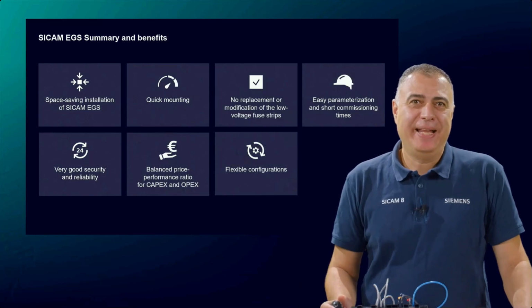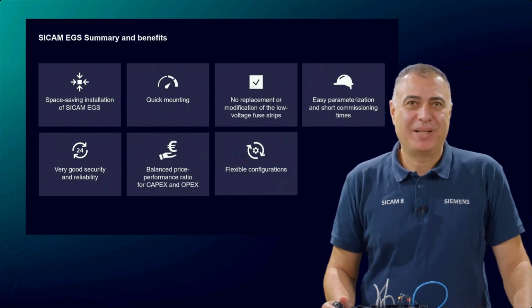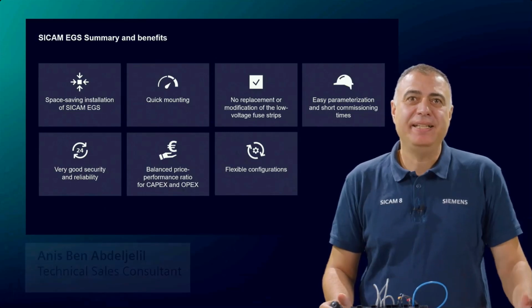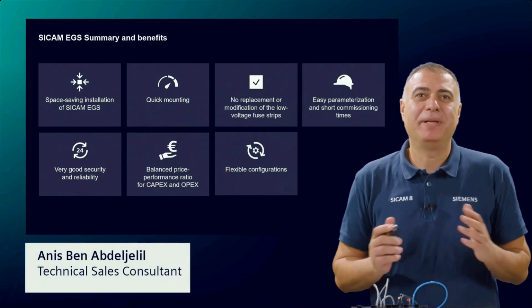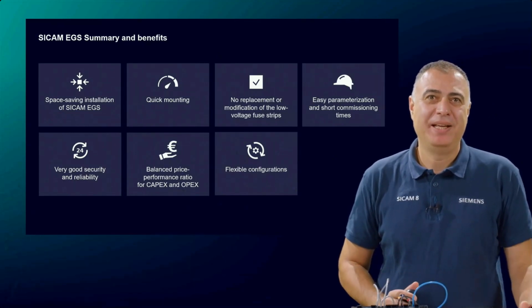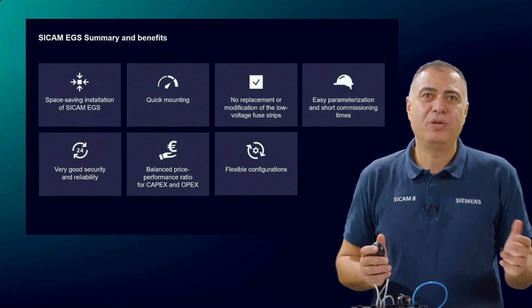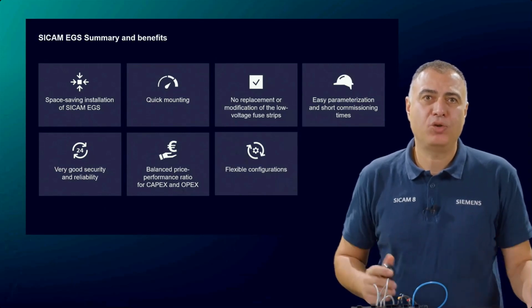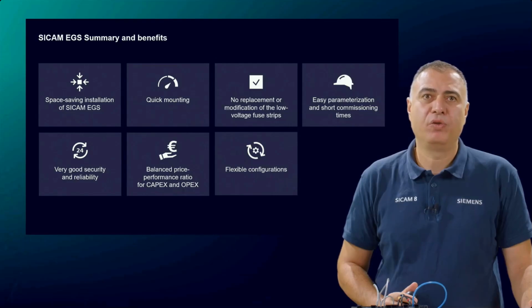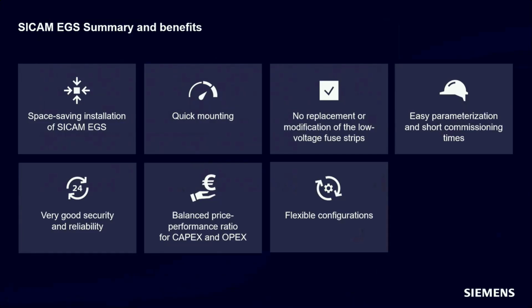This is the end of our presentation. So let's have a short summary. It is easy to install SICAM EGS because of its small dimensions. Installations can be done within a short time because you don't need to change the wiring of your existing substation.